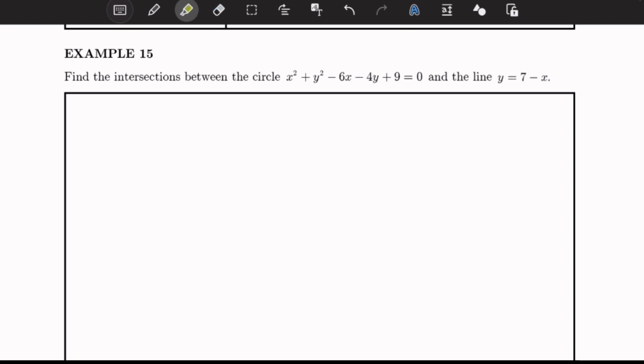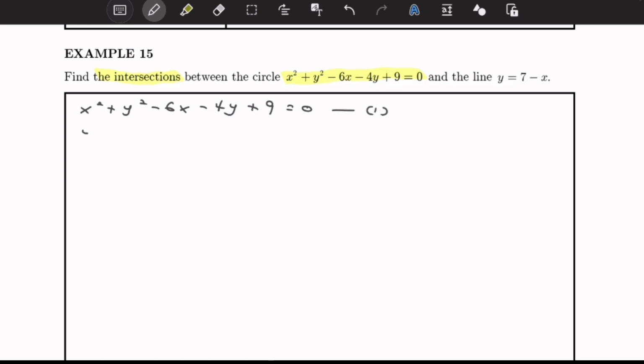In example 15, find the intersection point between the circle x squared plus y squared minus 6x minus 4y plus 9 equals 0 and the line y equals 7 minus x. So now let's copy the equation first. We have x squared plus y squared minus 6x minus 4y plus 9 equals 0. This is our first equation.